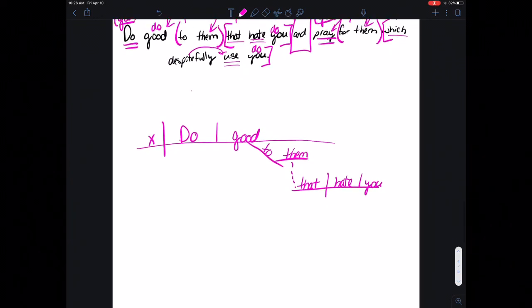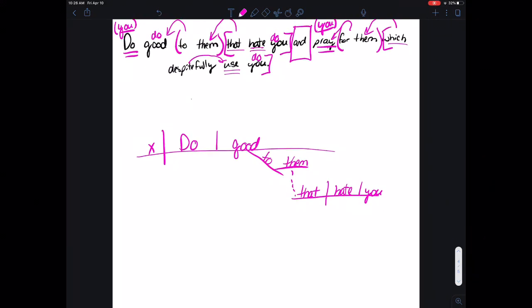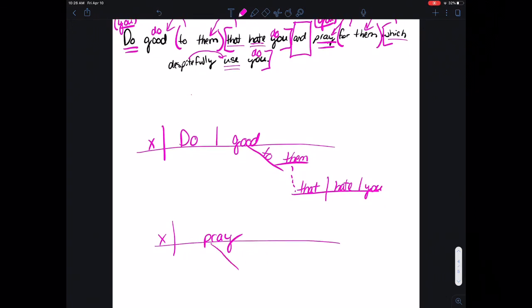All right. I'm going to go ahead and start on my second part, the compound sentence. Again, you understood was the subject. Pray is my verb. This one actually doesn't have a complement, so I don't know why I drew my line so big, but it's okay. For them, we said modifies pray. I'm going to go ahead and combine them with my staircase, verb to verb.